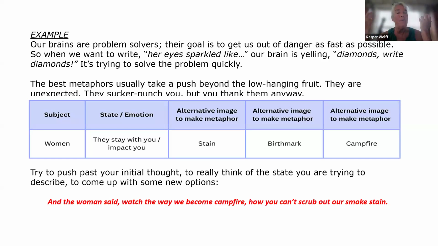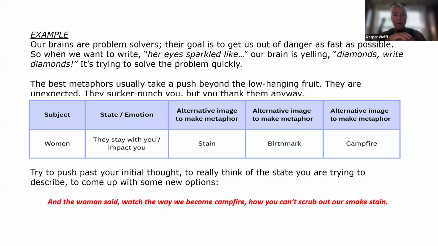So we know that our brains are problem solvers, and as soon as you hear something, the brain fills in the blanks. So when we want to write, her eyes sparkled, the brain immediately goes, like diamonds, diamonds, put in diamonds. So problem quickly solved with our brain.